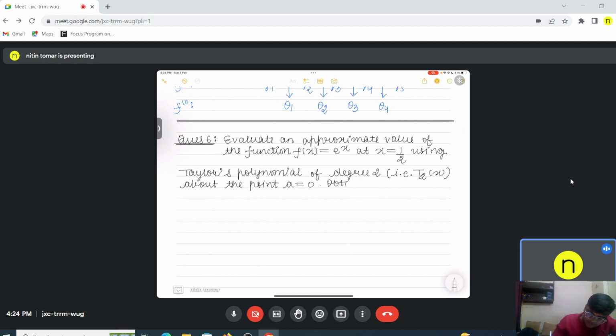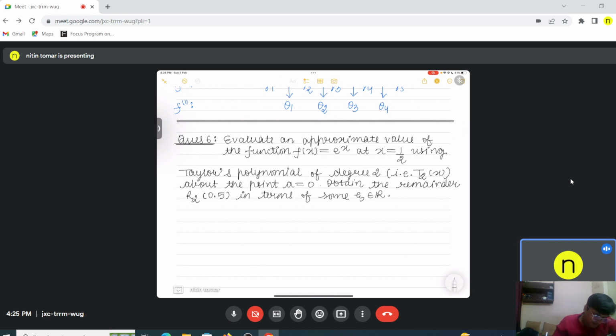and obtain the remainder R2 of 0.5 in terms of some xi in real numbers.